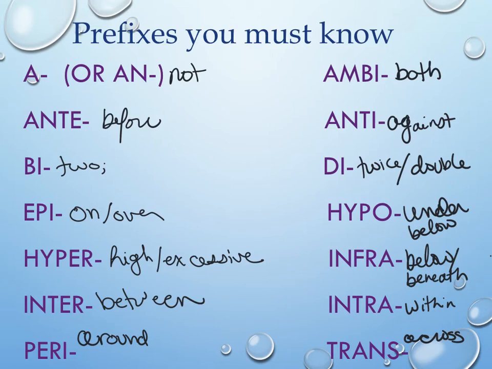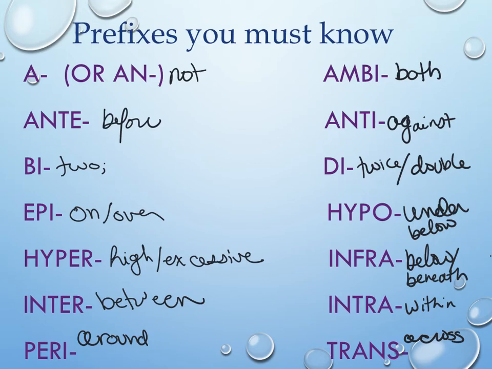Anti is against. So this prefixes page has some of the trickiest of the medical terms. So ante and anti, they mean very different things, but they're spelled pretty similarly, so that's something to watch out for.